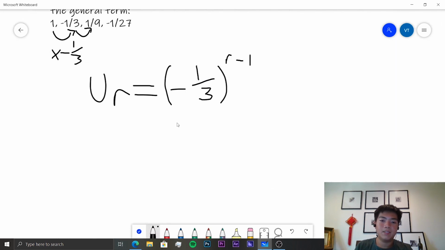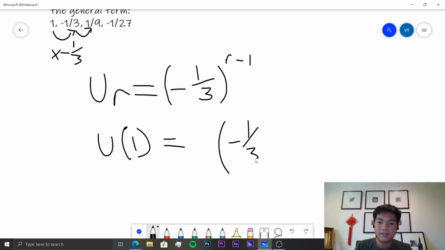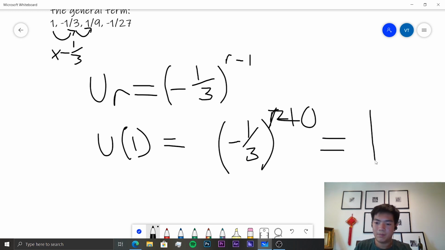So what happens in our first term? When r is 1, we have negative 1/3 to the power of 1 minus 1, which is negative 1/3 to the power of 0. And anything to the power of 0, remember, is 1.